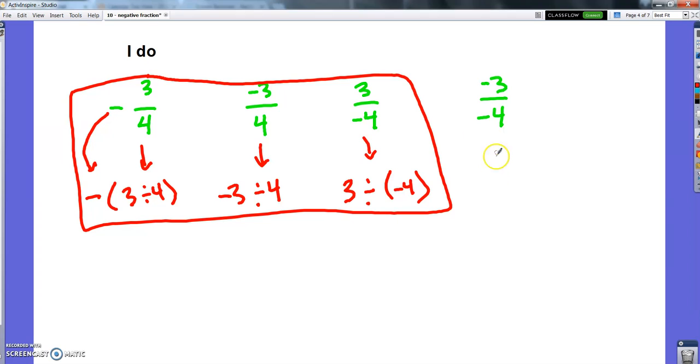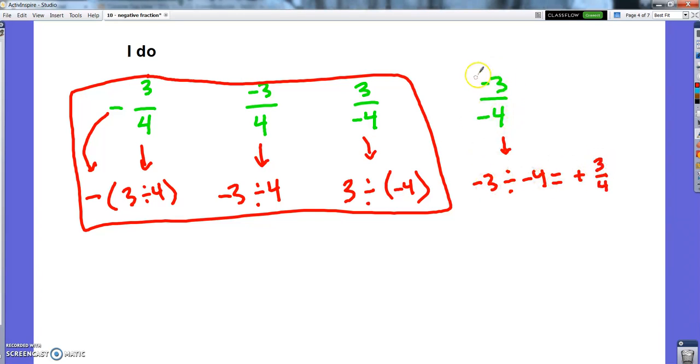This one, two things I want you to know about this. That is -3 divided by -4. But the reason I would point this out is we know that that's going to be positive. And -3 divided by -4, we know it's a positive answer, and 3 divided by 4 is 3/4.